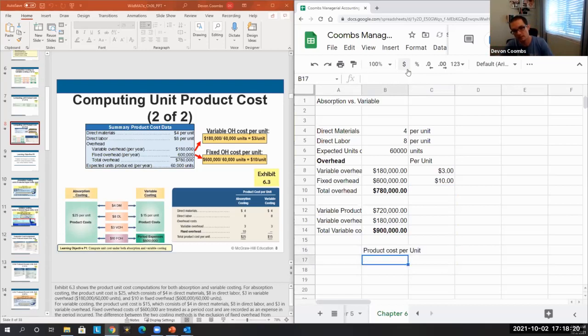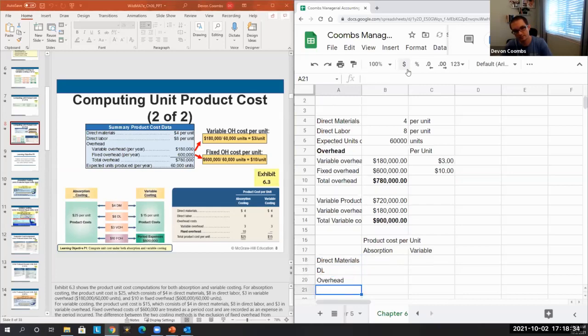Unit, absorption: materials, labor, overhead, variable overhead, fixed overhead.